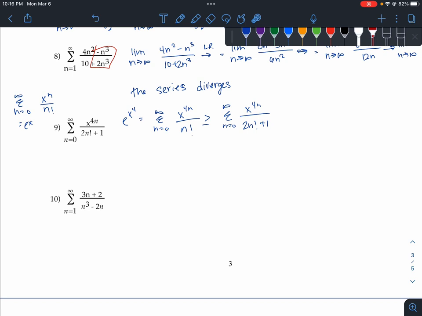But at n equals 1 or n equals 2 and so on, this is always going to be a larger denominator because it's 2 times n factorial and you're adding 1. So if you have a larger denominator here, you're dividing the numerator by a larger number, meaning this term is smaller. Because I know this converges, and for every single term from n equals 0 to infinity this term will be greater than that term, therefore this converges because every term is smaller than that.